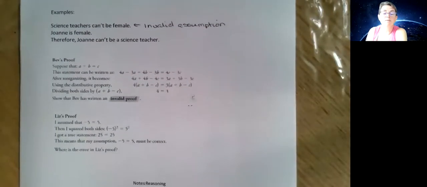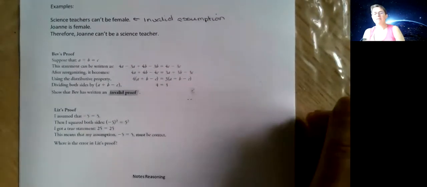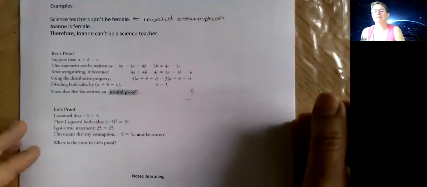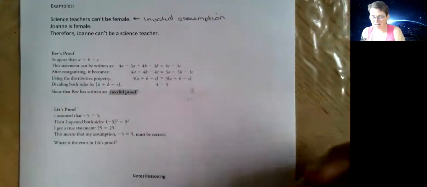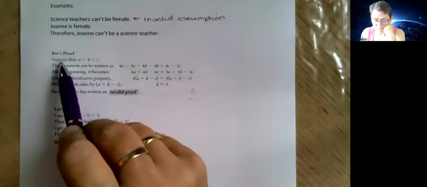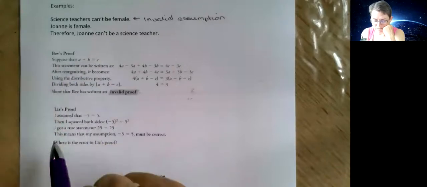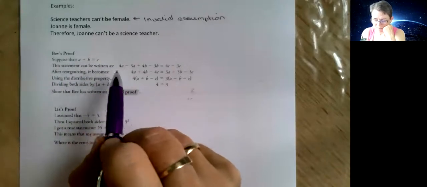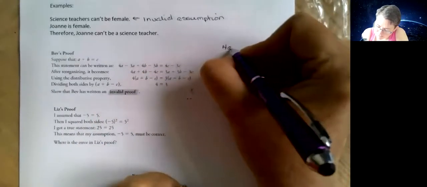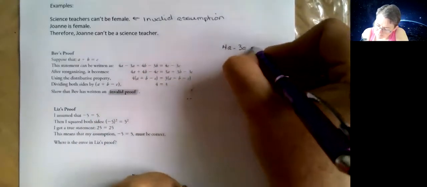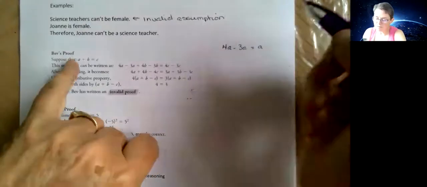All right, the next one, Gov's proof. Okay, this one gets a little hard. You can read through it in the textbook if you want, but I'll try and make it simple for you. Suppose that A plus B is equal to C. This statement can be written as, okay, so this part is basically 4A minus 3A is equal to A. So they're doing this weird substitution.